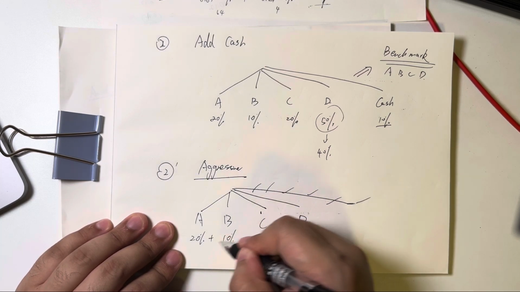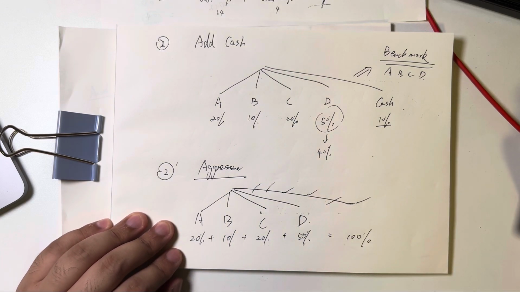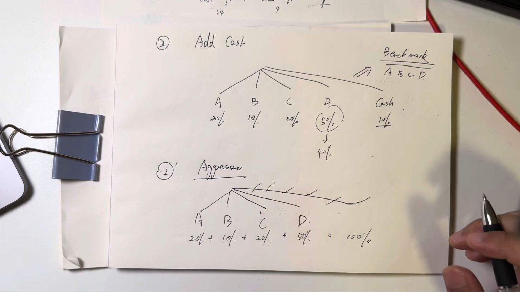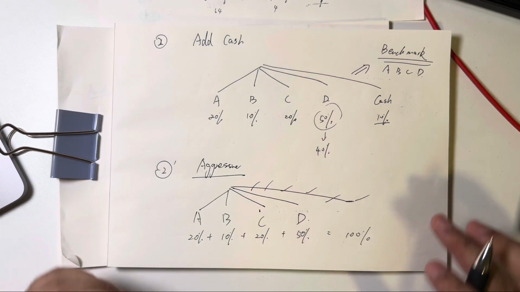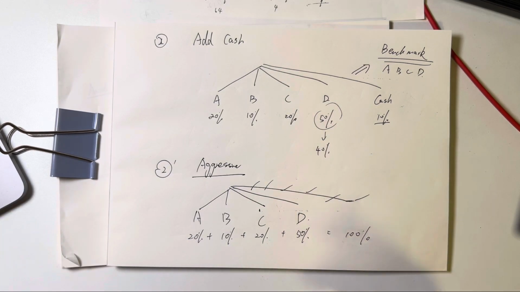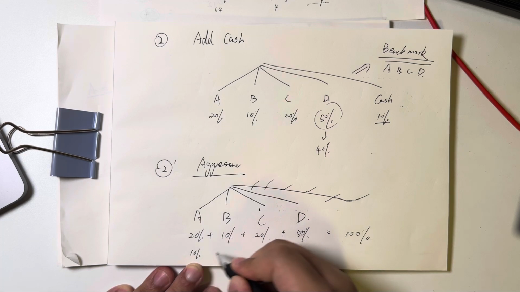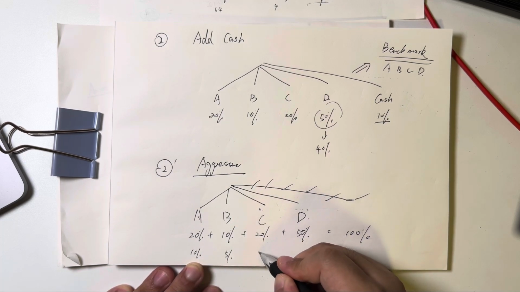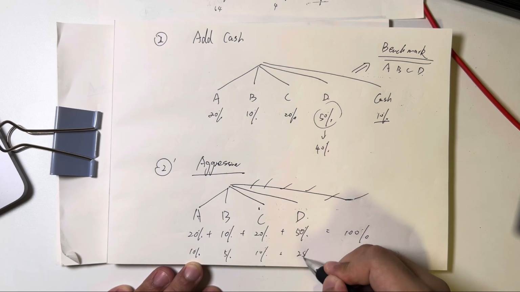So if you add all this up, you'll get 100% invested. Okay, but what if you just turn it down a little bit and invest the rest in the benchmark? So you are not going to invest 20% in A, just turn it down to 10%, 5%. Okay, so 10% and say 25%.